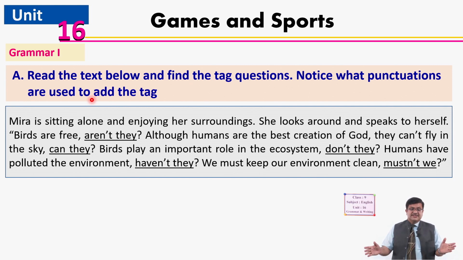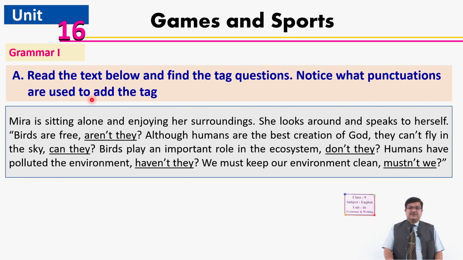Did you do this? Good. Now we have some general concept about the tag. The general concept about the tag is tag questions are used at the end of a sentence. Now let us practice some more examples, then we will be more clear about what actually a tag question is.